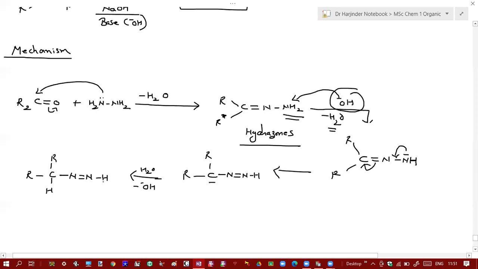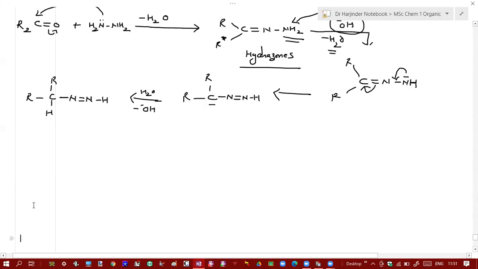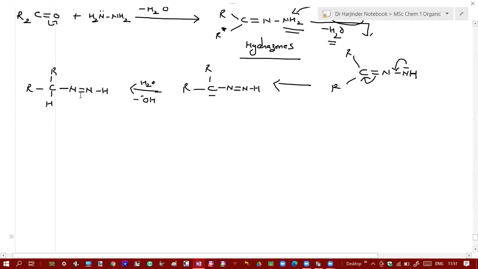What will happen next? This nitrogen-hydrogen bond will break. So its pair of electrons will shift over here, in between this nitrogen and nitrogen. And this carbon-nitrogen bond will also break, and its pair of electrons will shift over to this carbon. So what will happen ultimately?